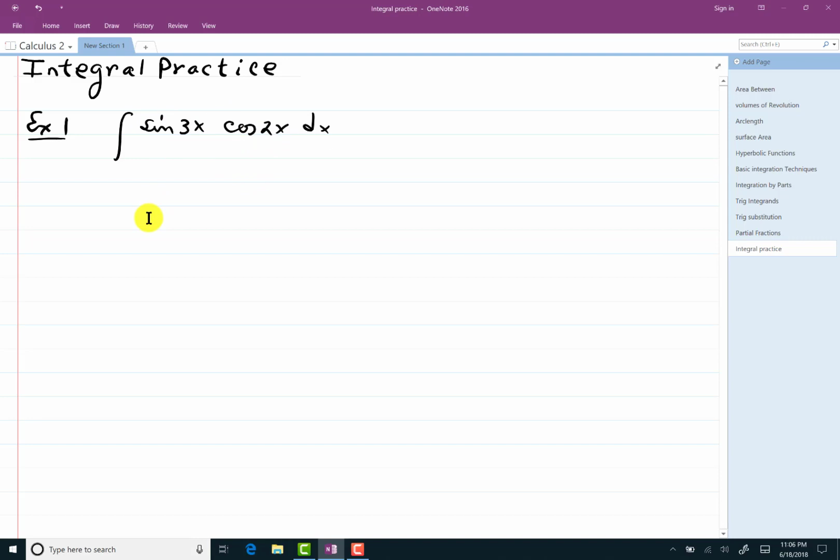So there's one special trick that works for these things, and that was doing the sum and difference of angles.